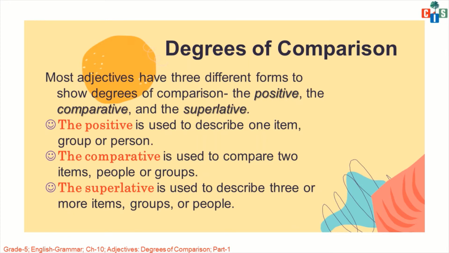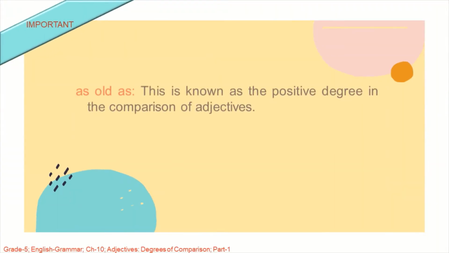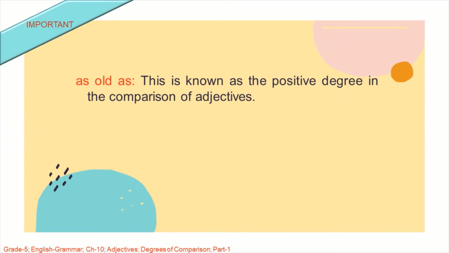Okay, now this thing is also very important. What? As old as. You can use this phrase when we are talking about the positive degree. This is known as the positive degree in the comparison of adjectives. When we are using as old as, it means there will be the positive degree of comparison.